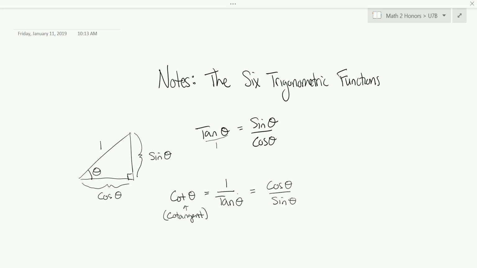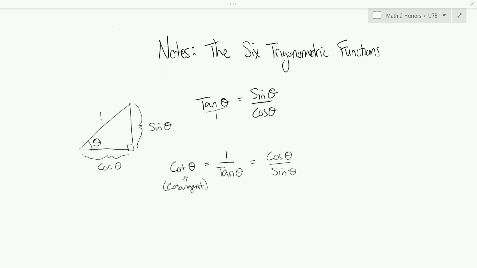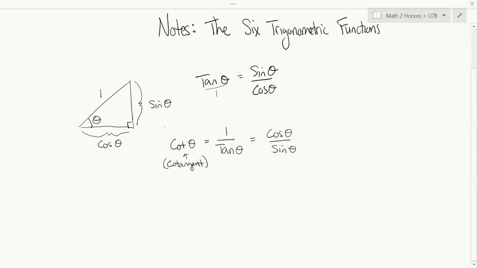So if you flip the tangent, you get the cotangent. If you take the sine and flip that one over, you get 1 over sine. That's what we call the cosecant. CSC is how we abbreviate it, but it's spelled cosecant.